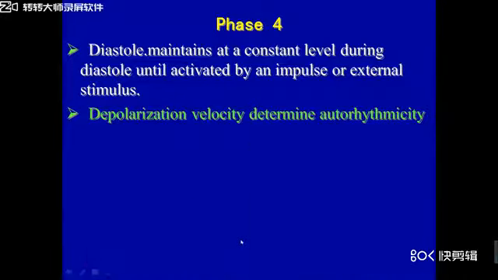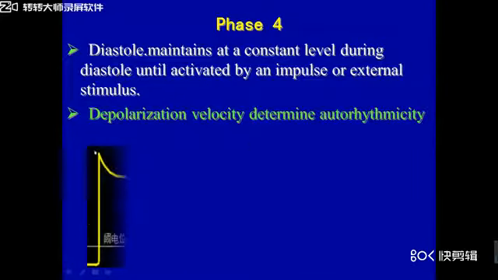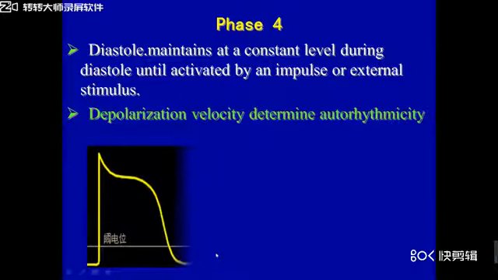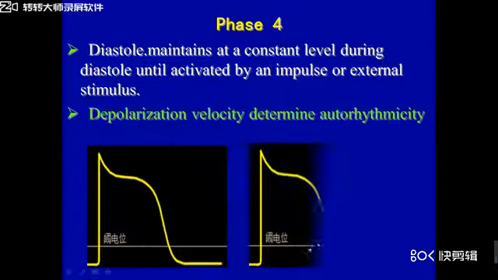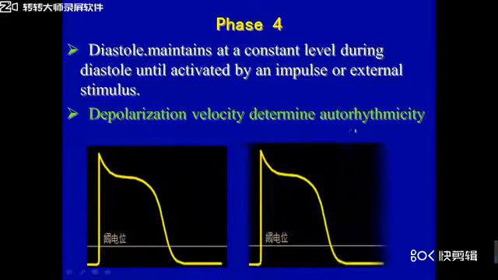We call this one heart rate, and then the other heart rate. We call this autorhythmicity. Phase 4 determines depolarization velocity, which determines autorhythmicity.